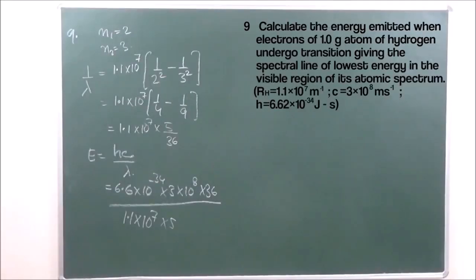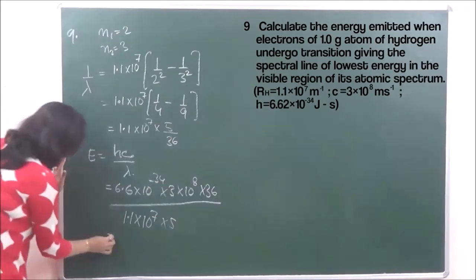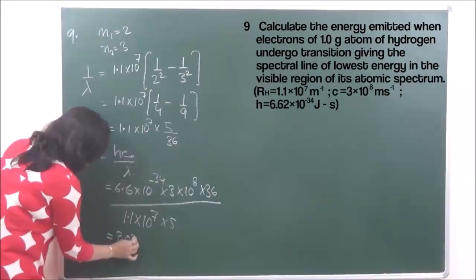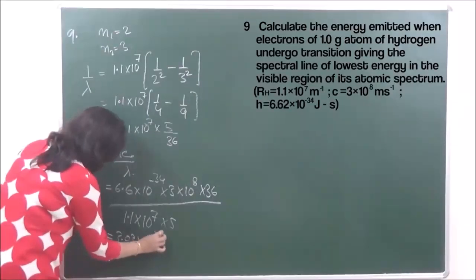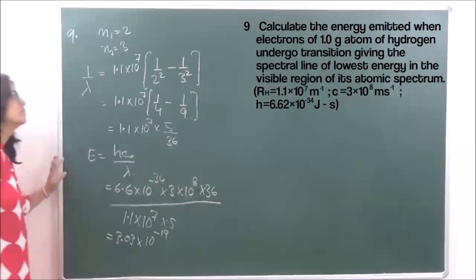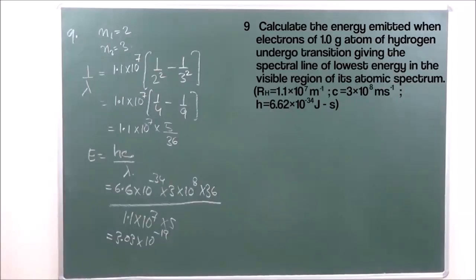This when calculated comes to 3.03 into 10 raised to power minus 19, this is the value of energy.